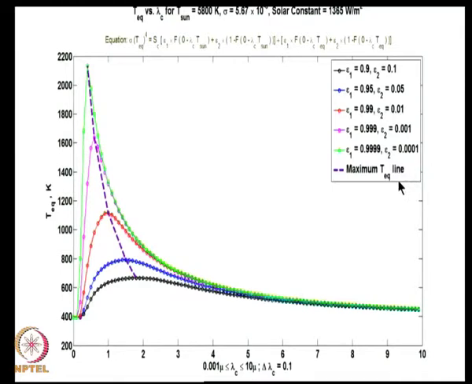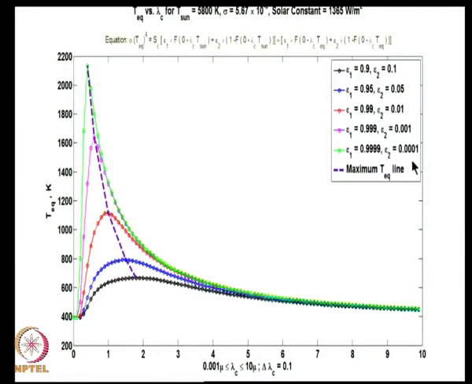And as all of you probably realize, the highest value it can go to is of course the sun's temperature, which is assumed to be 5800 Kelvin. We assume the sun to be a black body at 5800 degrees Kelvin, and so the highest you can attain, if at all, is that number, but you won't get anywhere near it unless you make this extremely very small.